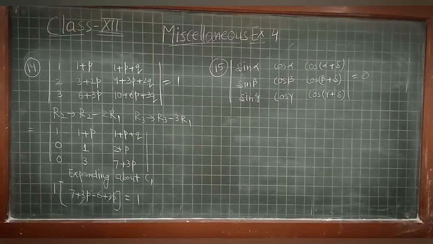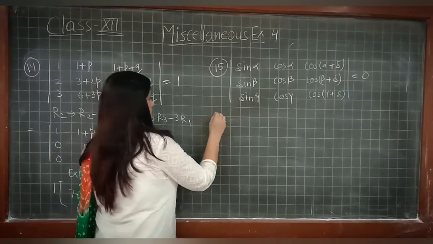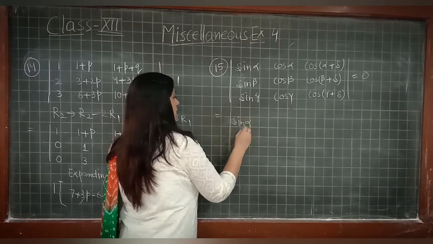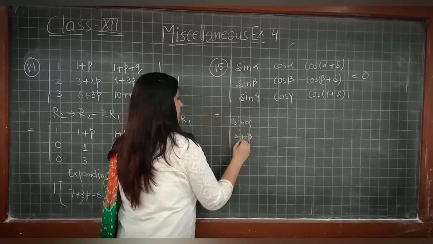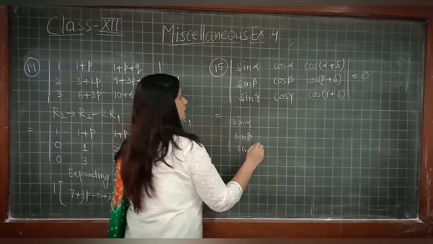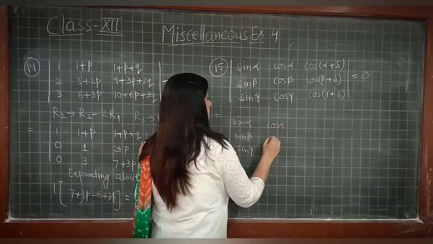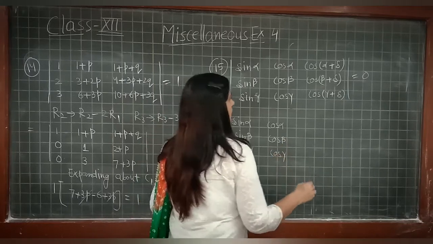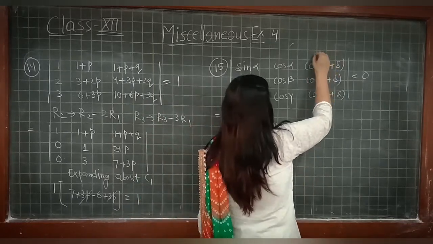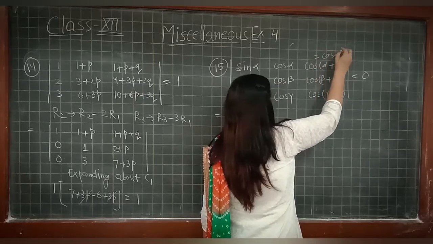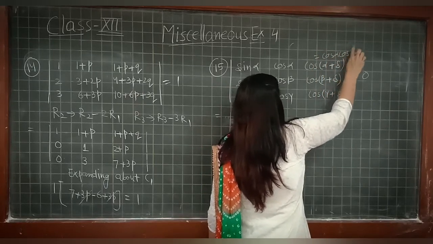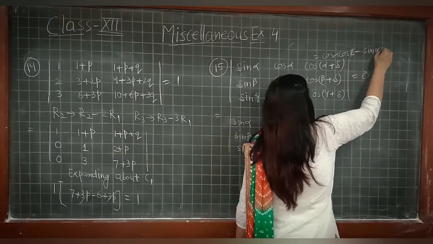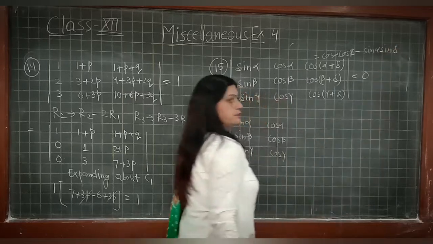So what is the formula of cos A plus B? It is equal to cos A cos B minus sin A sin B. So we will write the formula: sin alpha, sin beta, sin gamma, cos alpha, cos beta and cos gamma. And here in place of this you will write cos A cos B minus sin A sin B. Okay?